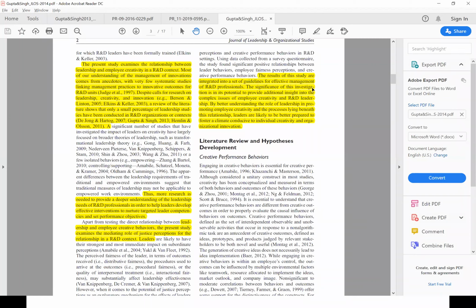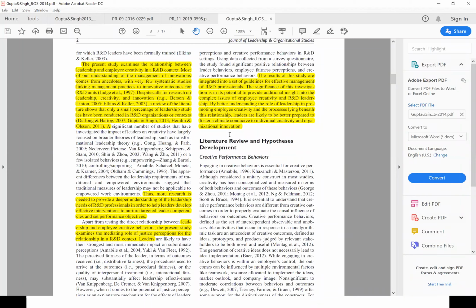The significance of this investigation is in its potential to provide additional insights into the complex issue of employee creativity and R&D leadership. By better understanding the role of leadership in promoting employee creativity and the processes lying beneath this relationship, leaders are likely to be better prepared to foster a climate conducive to individual creativity and organizational innovation.